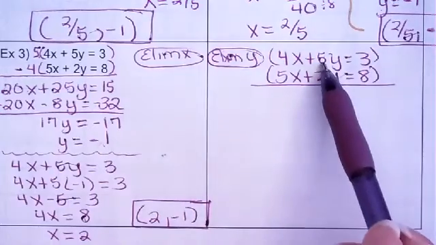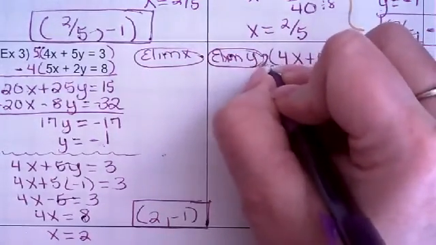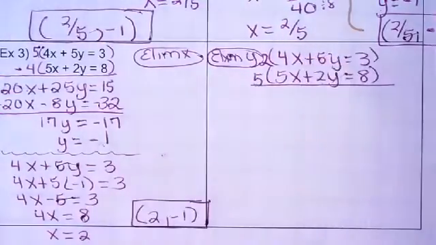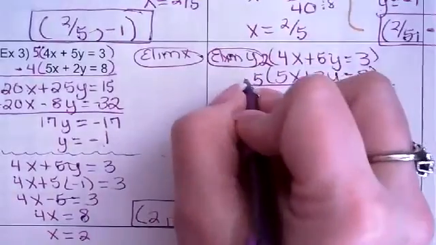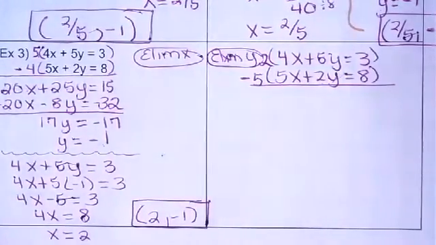My coefficients are 5 and 2, so I'm going to flip-flop. I'm going to multiply the top by 2, the bottom by 5. Again, my signs here are the same, and I need for one of them to be the opposite. So I'm just going to slap a negative on one of them. I had room to write it on the second one, so I put it on the second one.